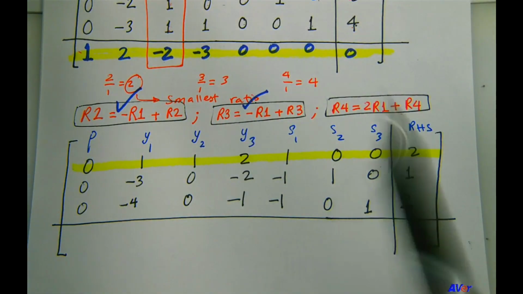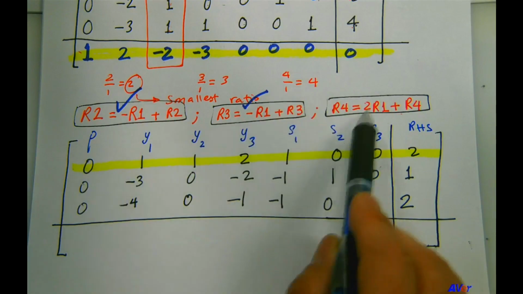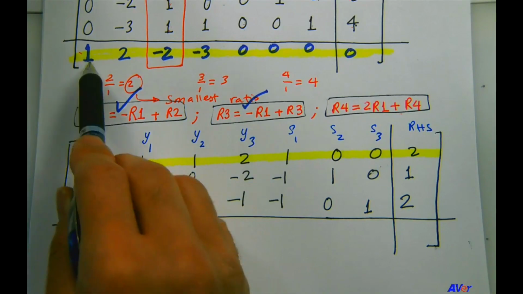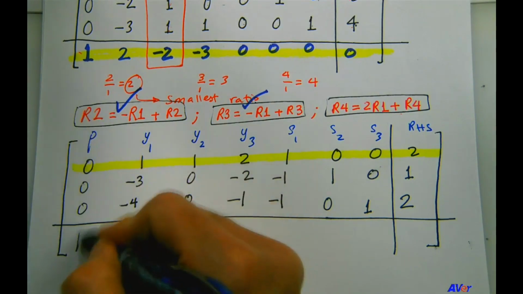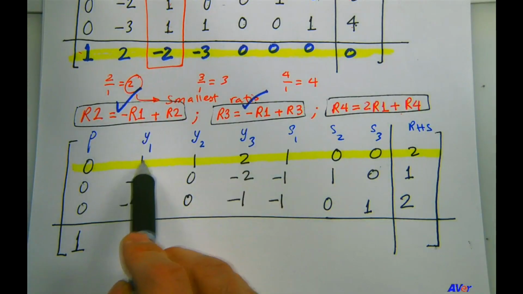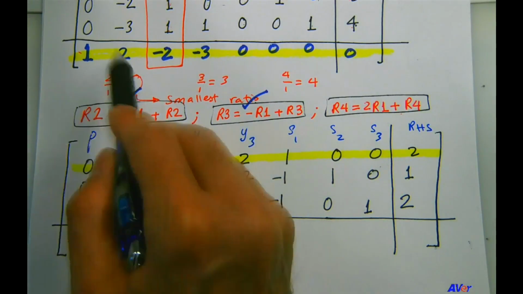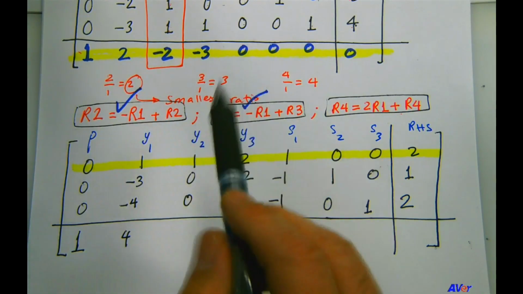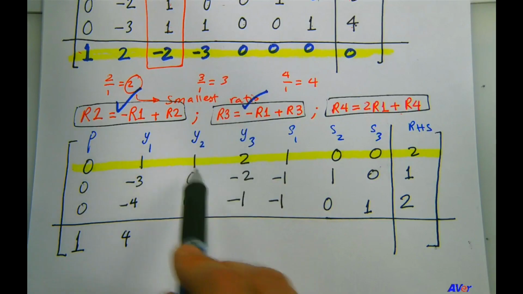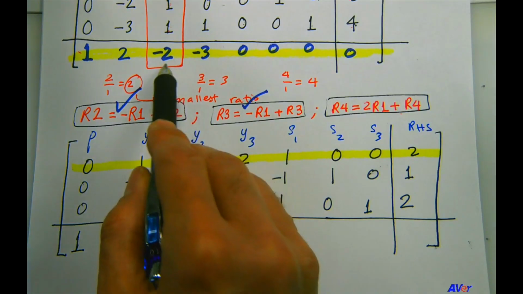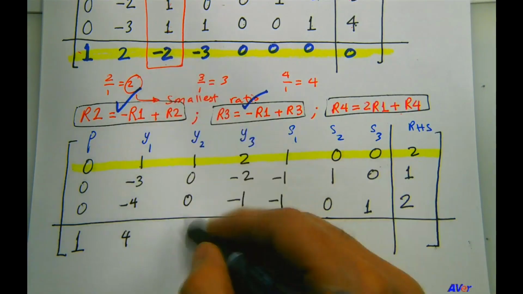So 2 times 0 is 0, plus row 4, which is up here, 1. 2 times 1 is 2, plus this 2 under y1, it's 4. 2 times this 1 under y2, 2 times 1 is 2, plus that negative 2 is 0.